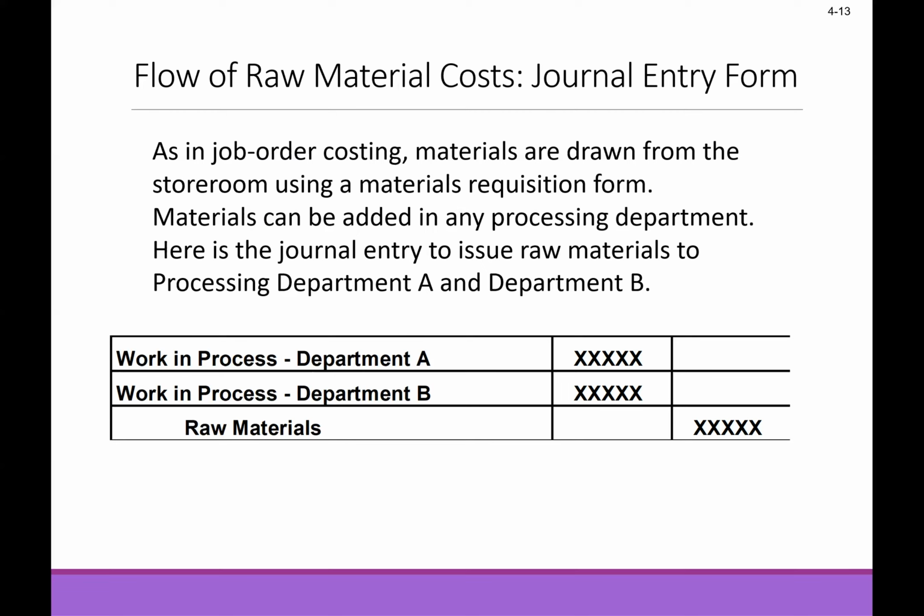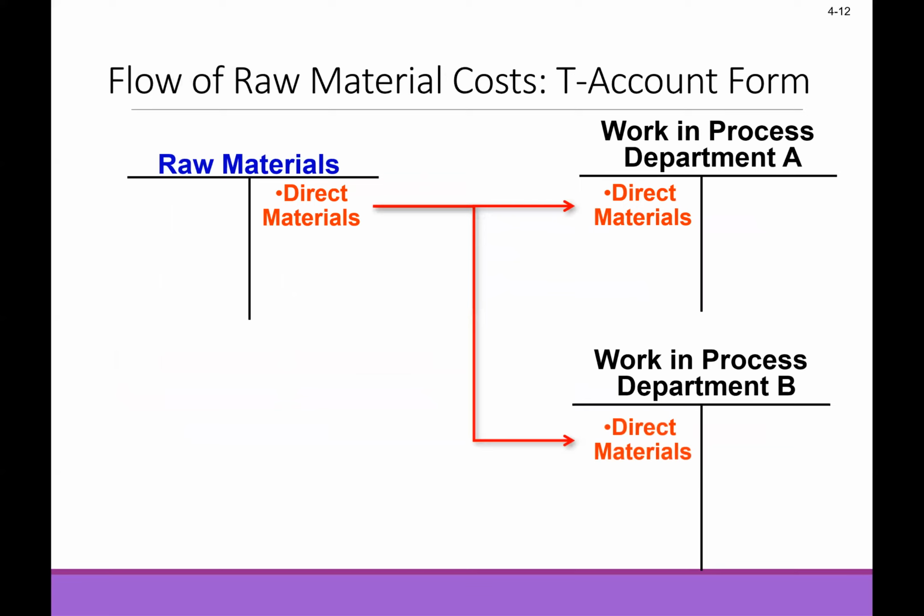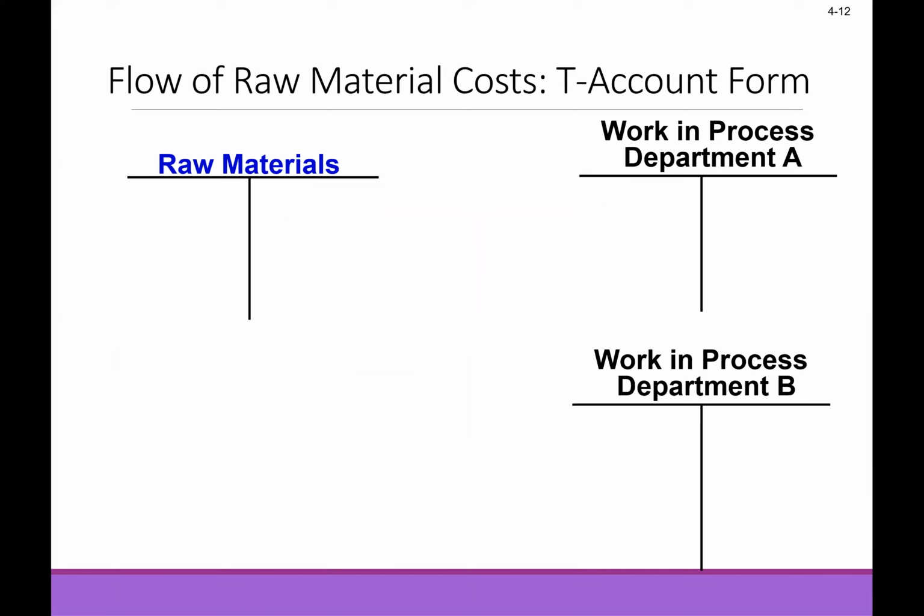It goes out of one inventory account called raw materials, and it goes into another inventory account called work in process with the departments. So you see, it's coming out of raw materials, going into the various departments.